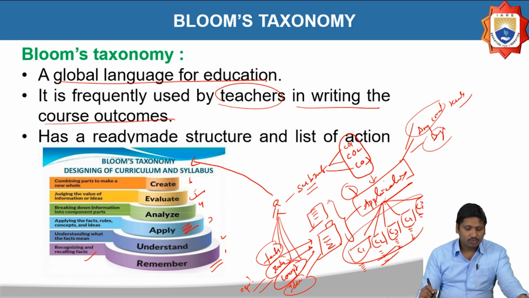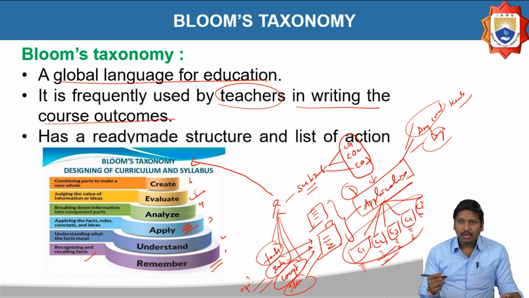Very first is remember. Remember is where you are able to recognize or recall the facts. The next is understand, where we understand what the fact means exactly, and apply is the third level, where we are able to apply the facts, rules, concepts and ideas to a particular application.